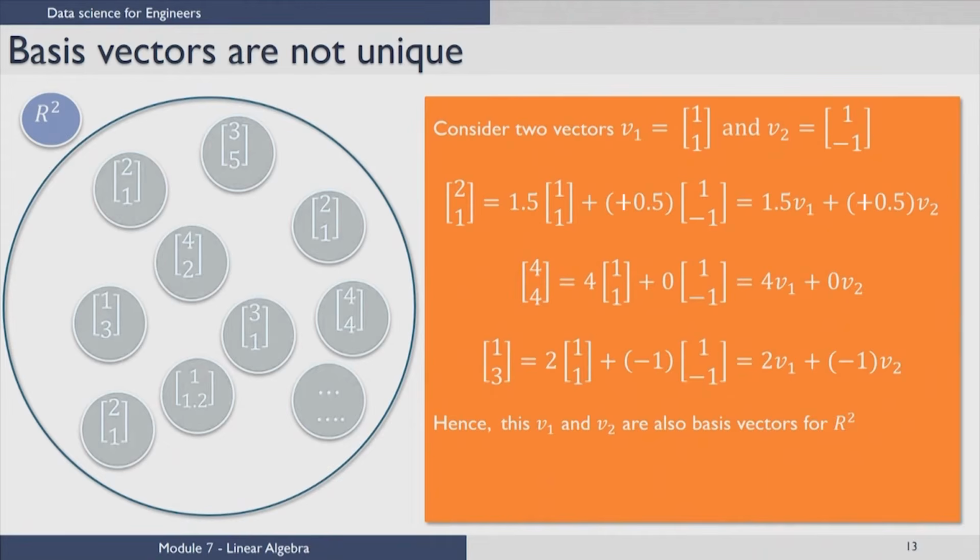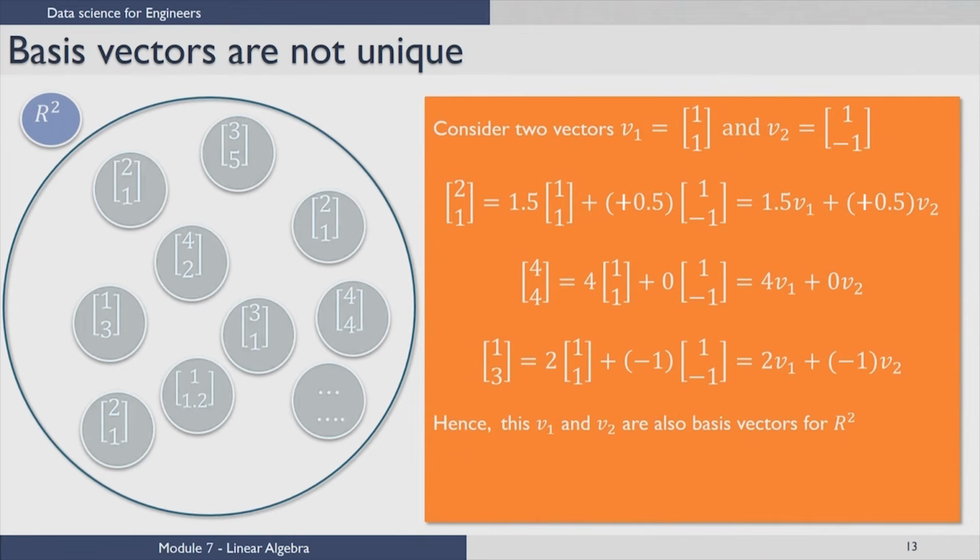So, the next question that immediately pops up in one's head is, if I have a basis, is it unique? Now, it turns out these basis vectors are not unique. You can find many sets of basis vectors, all of which would be equivalent. The only conditions are that they have to be independent and should span the space.